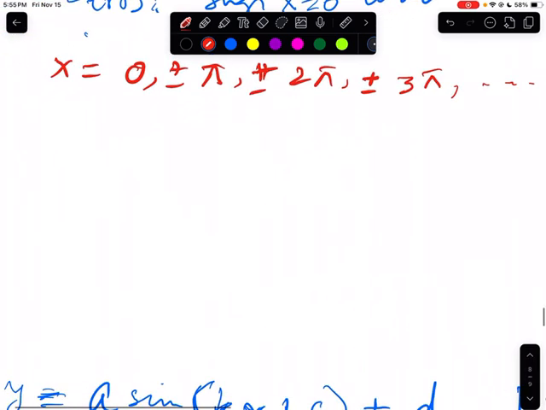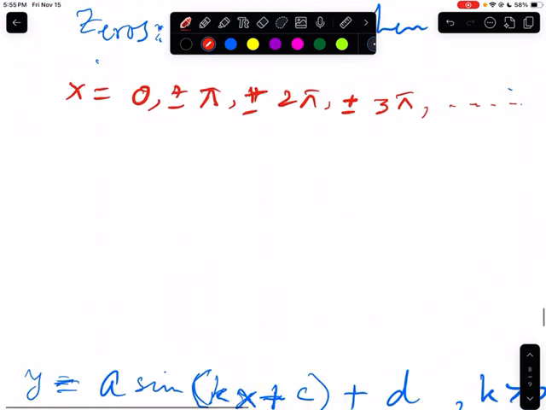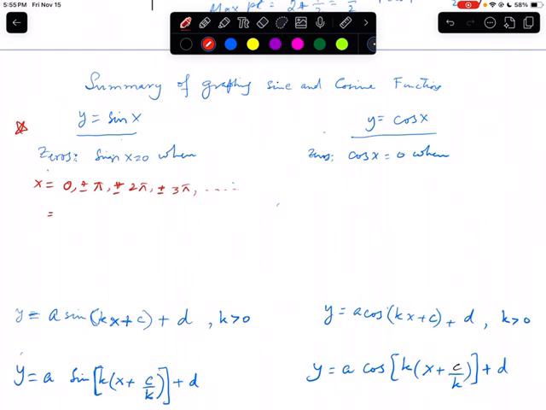So this can actually be written formally: sine of x is equal to 0 means x is equal to n pi, where n is equal to 0, plus minus 1, plus minus 2, plus minus 3, and so on.